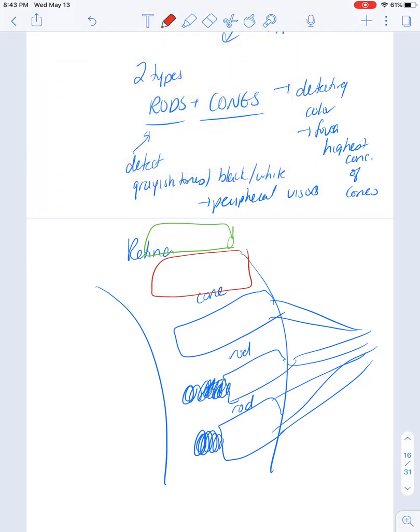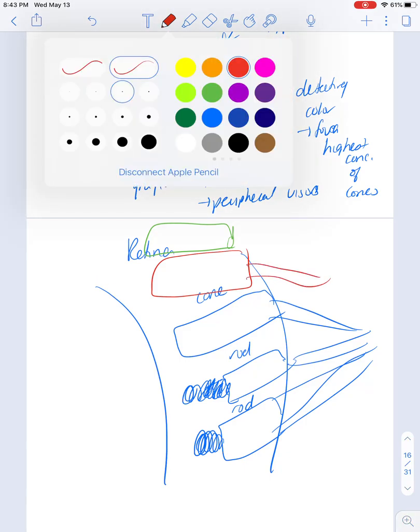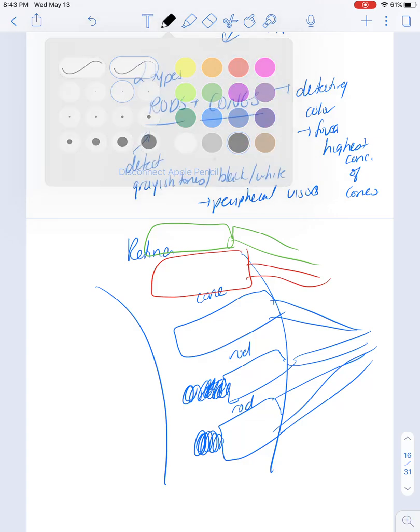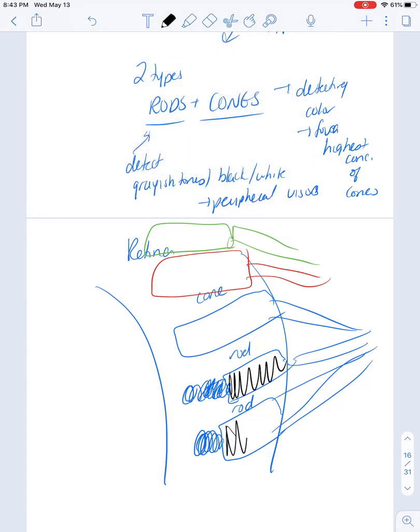So you can see that these cones that I drew here are located in the retina. Maybe I should have drawn the rods in black, here's a rod in black, here's another rod in black. So these cones and rods are the actual photoreceptors.